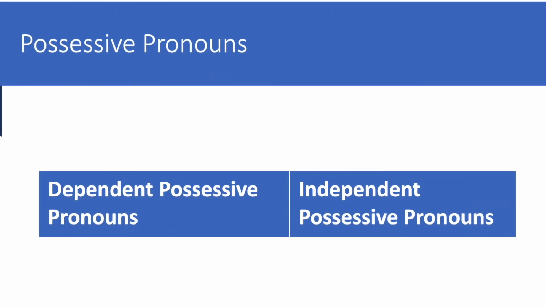So let's take a look at what it means. A dependent possessive pronoun needs to be used together with a noun. We often see this just before a noun, as you will see in our example sentences. An independent possessive pronoun does not need a noun.